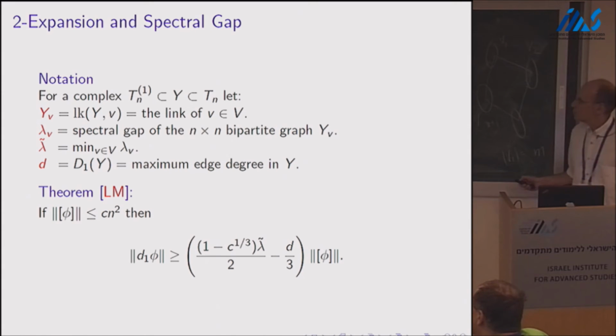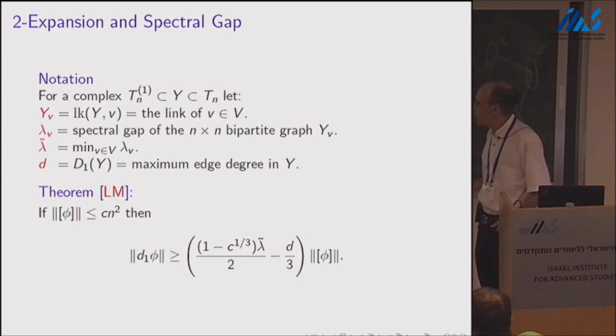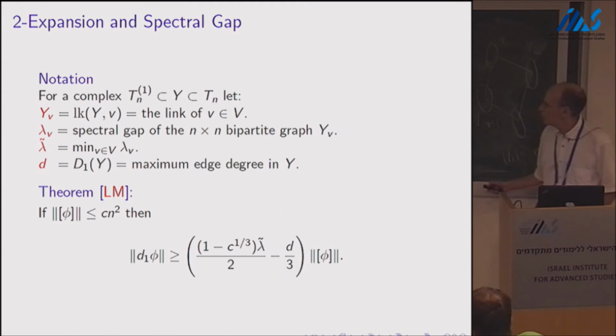Suppose that all these spectral gaps are positive, and let lambda tilde be their minimum, and let D be the maximal degree of an edge in Y. Then the expansion of d1 of phi is at least this quantity, which is some constant times the cosystolic norm of phi, which guarantees that if this number is bigger than 0, then we have expansion.